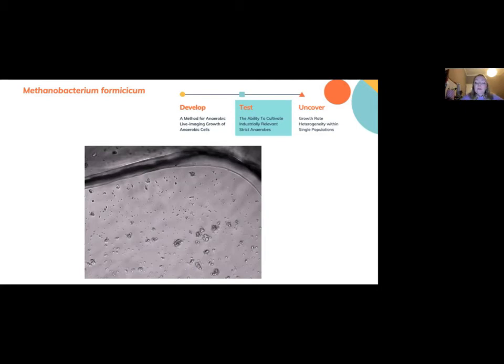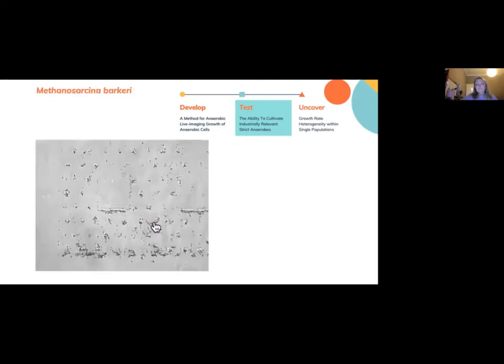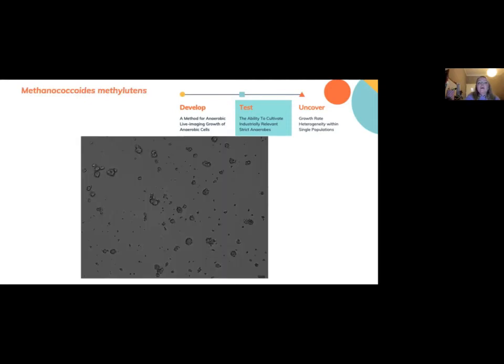So there was a lot of biofilm production, and the cells were free to move around. We've also tried Methanosarcina barkeri and Methanococcoides methylutens, and I'm currently analyzing the images from the last run with these. So hopefully we'll have a more detailed analysis.